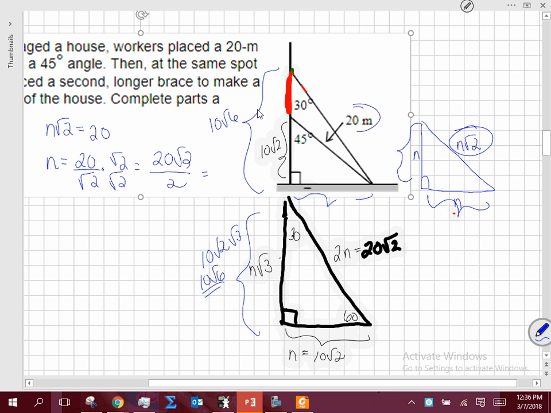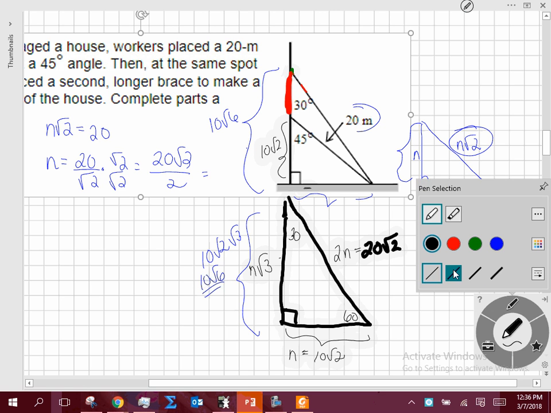Okay. So what would I do with that blue distance and this black distance here? What would I do with those two things to find this red one? I heard it. Somebody say subtract. Okay, that's what we want to do. It's important, I think, to think about which one is bigger. 10 radical 6 is bigger.